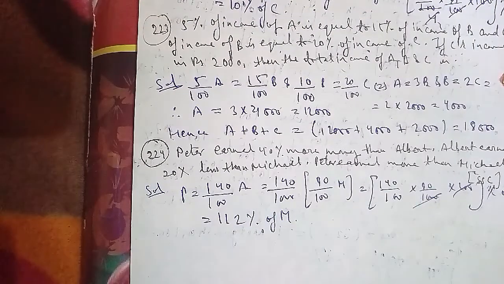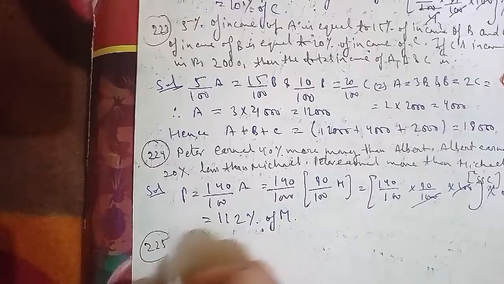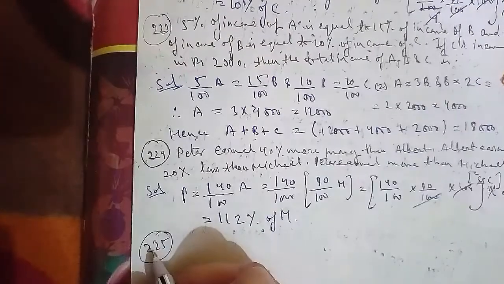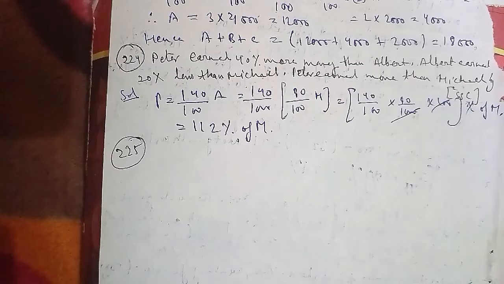Next we go ahead for the next question, which is a very important one, and that has been the 225th question of the session. The question we have here: Amit's monthly income is 30% more than that of Ronak, and Ronak's monthly income is 20% less than that of Deepak. If the difference between the monthly income of Amit and Deepak is rupees 800, what is the monthly income of Ronak here?